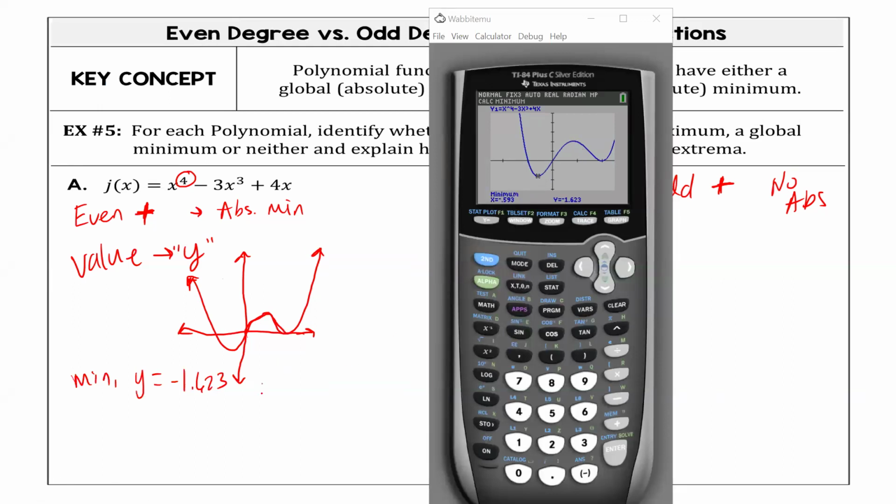A max. So when I hit second trace, I have a maximum. So I'm going to go down to 4, and now I'm going to make my way towards where the maximum is. I need to be to the left of my max. I am.